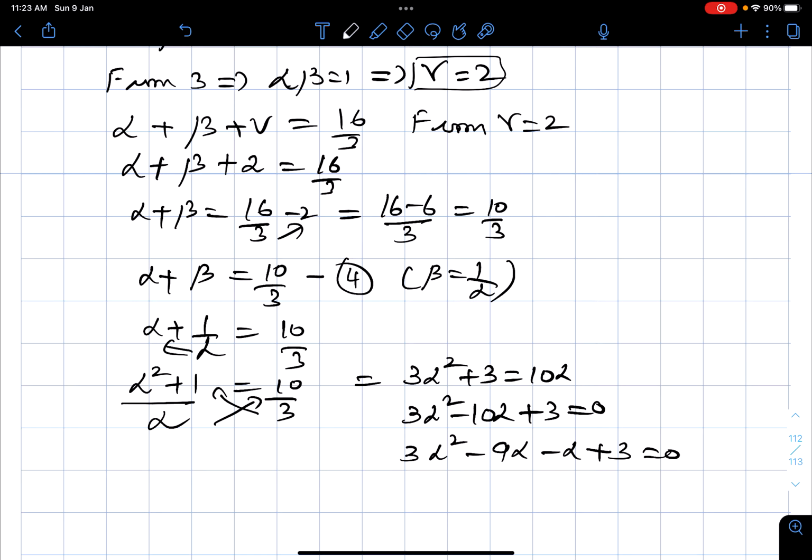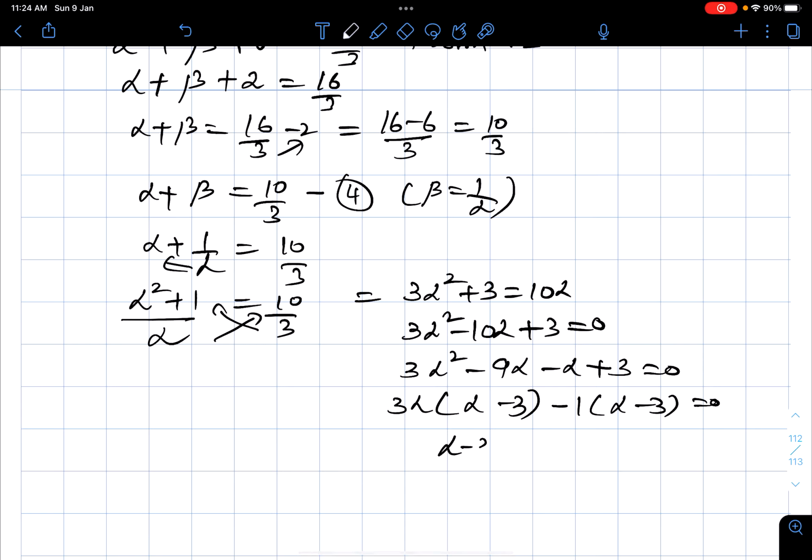So what is common here? 3 alpha is common, so 3 alpha minus 1 into alpha minus 3 equal to 0. So alpha equal to 3 is one result, and alpha equal to 1 by 3 is another result.